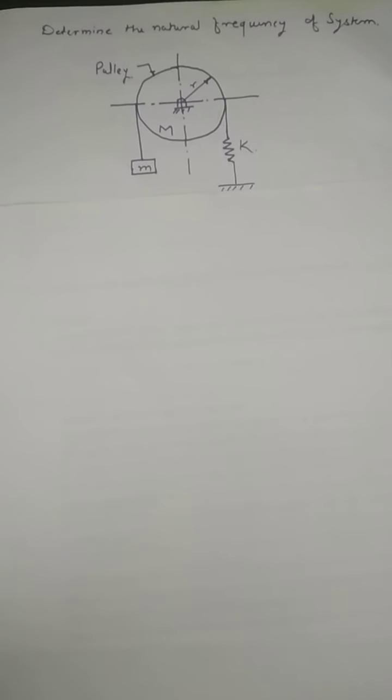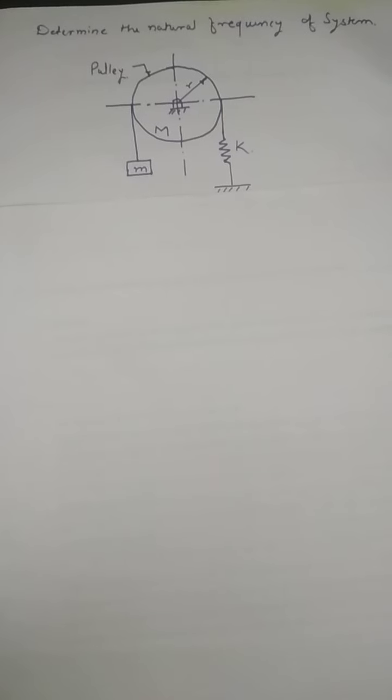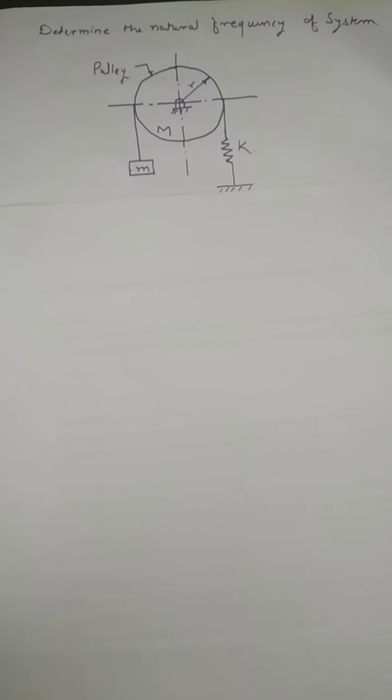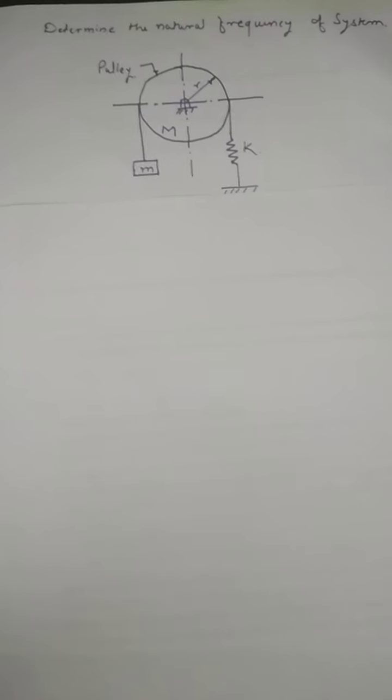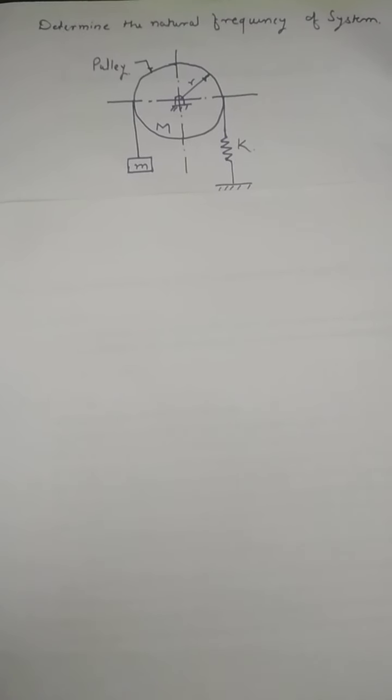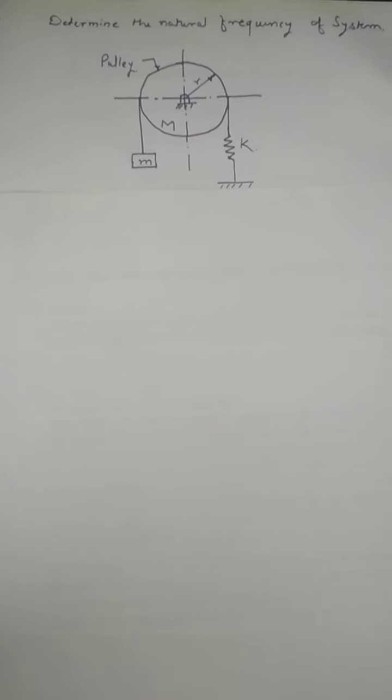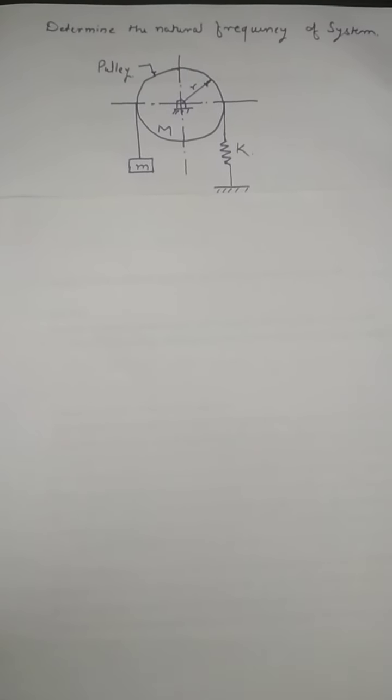The pulley has radius small r and mass capital M, and the mass m is attached to the spring by means of an inextensible string, which is wrapped on the pulley for 180 degrees as shown. So we have to determine the natural frequency of the corresponding system.